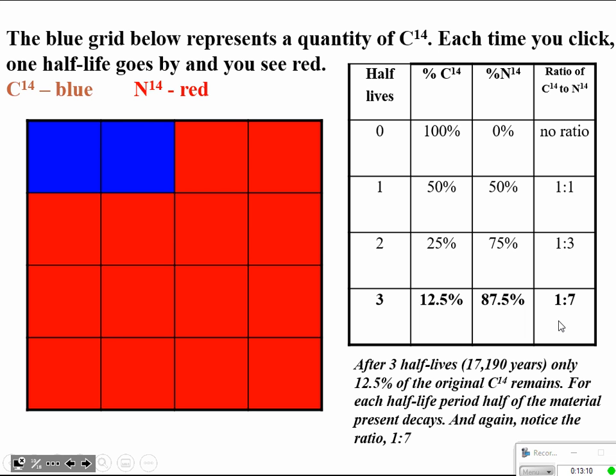The rest has been decayed into nitrogen-14. So if we look at the ratio of carbon-14 to nitrogen-14, we can see these percentages, and then we can make them into ratios, and we can see how many half-lives have occurred, and therefore we can actually give a date to how old that particular substance is.